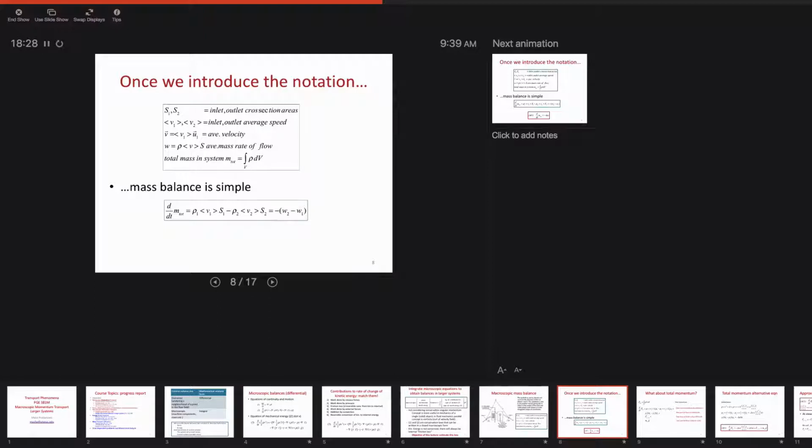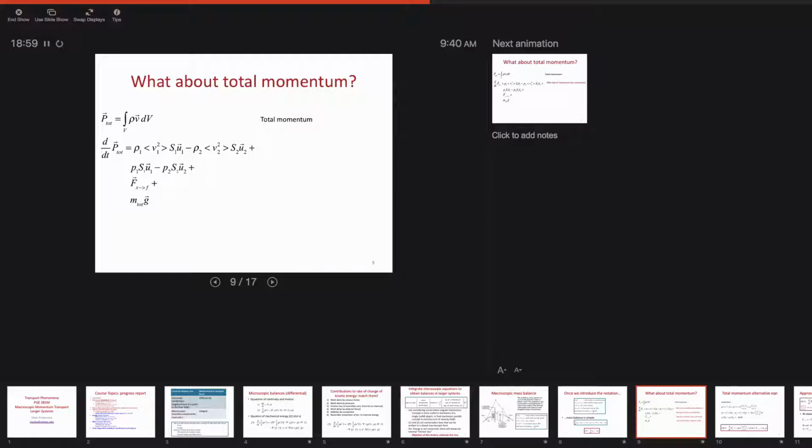So I'm going to call these W's. So it's W1 minus W2. So that's what we refer to as delta W. Okay. So this is my mass balance. So d/dt of m total is minus delta W. So it's an equivalent of what we've seen on small scale.